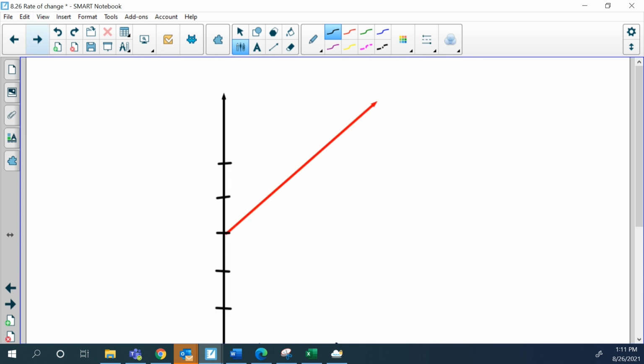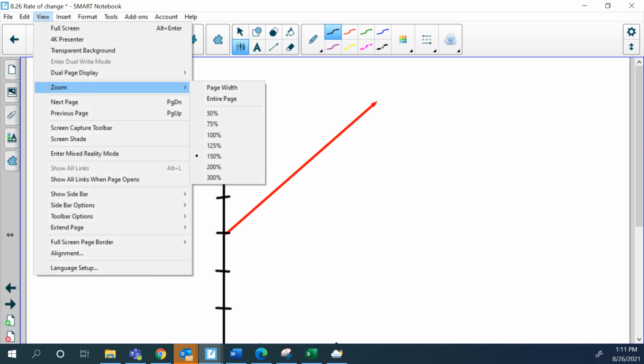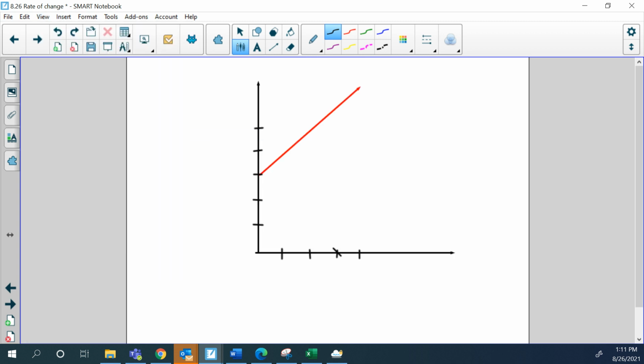Before we go into some word problems, I want to illustrate something. Let's say this is 1, 2, 3, 4, 0 is right there, and this is 1, 2, 3, 4. Now if you look at this graph, you can see that the y-intercept is 3.